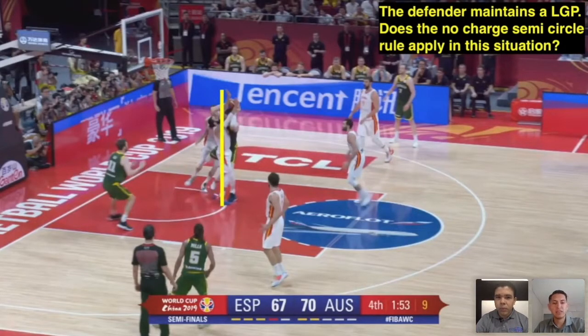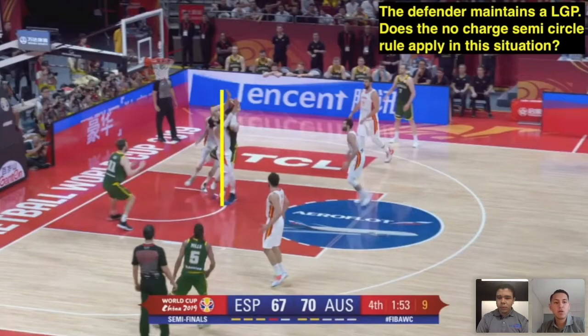And in this case, the semicircle rule does not apply in this situation. Why? Because for the semicircle rule to apply, we need to have the offensive player airborne going through the basket.